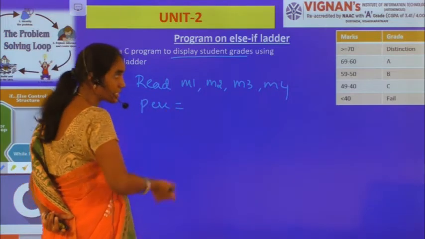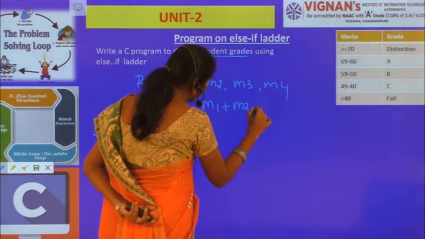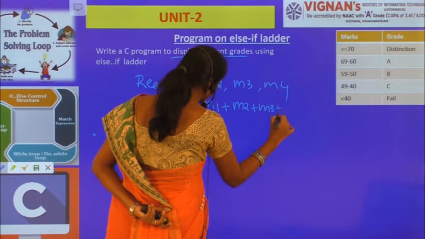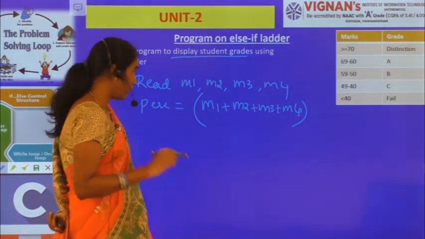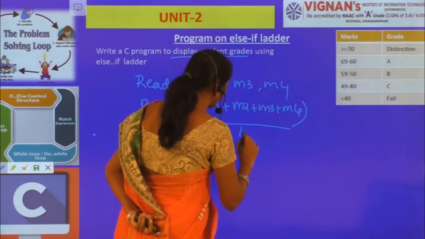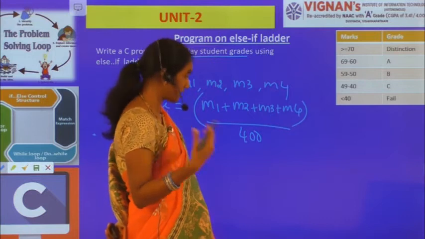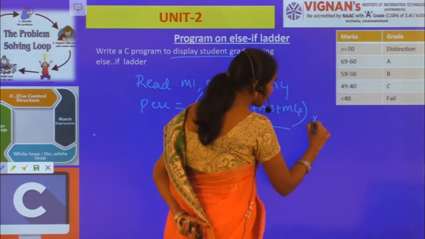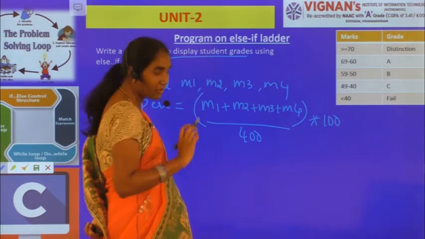How to find the percentage? Percentage I can find by M1 plus M2 plus M3 plus M4, which is my sum, whole by 400, because 4 subjects. Let us consider 400 is the maximum total, and into 100 will give you the corresponding percentage.